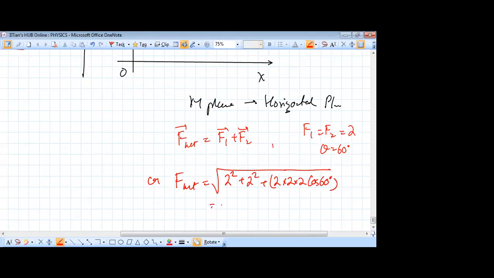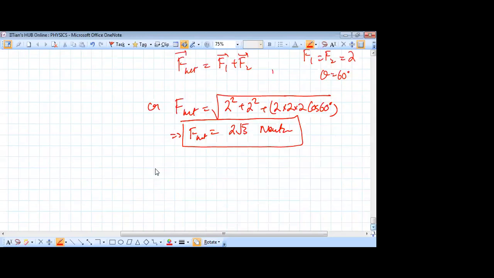It's like this. So it is 2√3 newtons. That is the net force. Correct. So net force is equal to mass into acceleration.